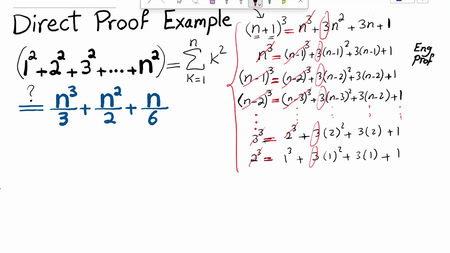What you were looking for, we are now forming it, because we are adding up all these lines, and one of the sums that is showing up is exactly what we want. When we add up all these together, we end up exactly forming, let me highlight it on top, the sum that we want, this sum.